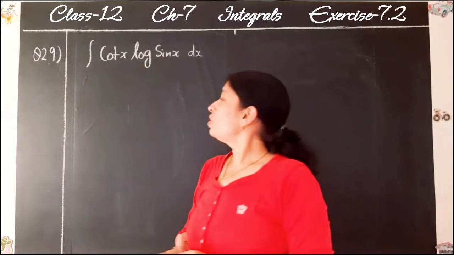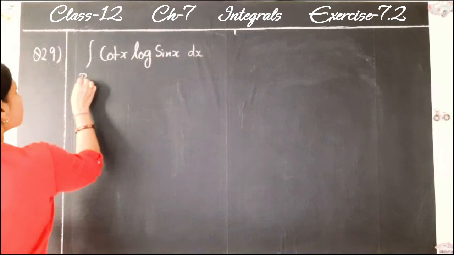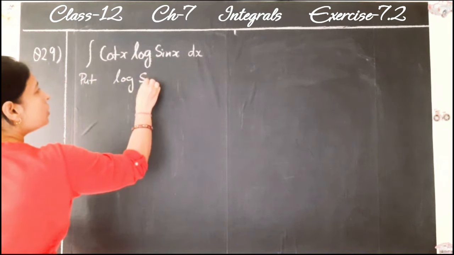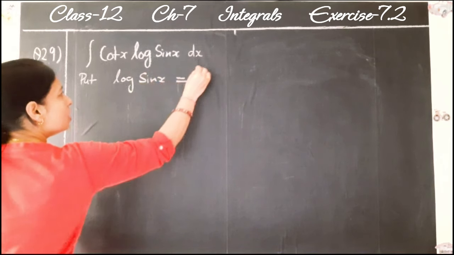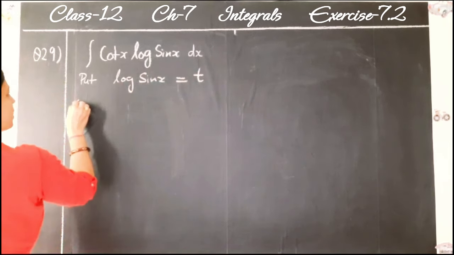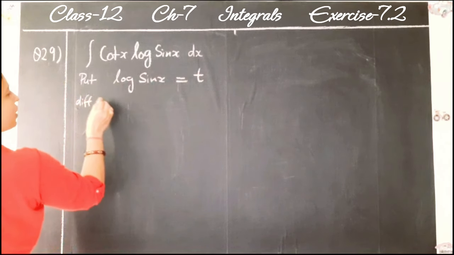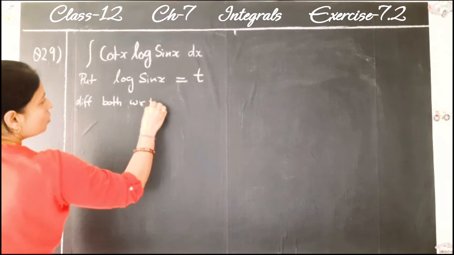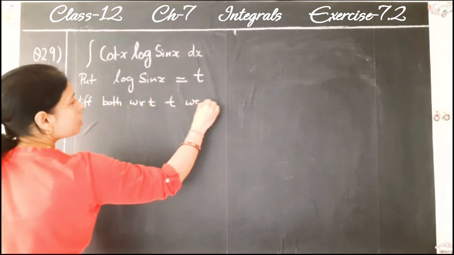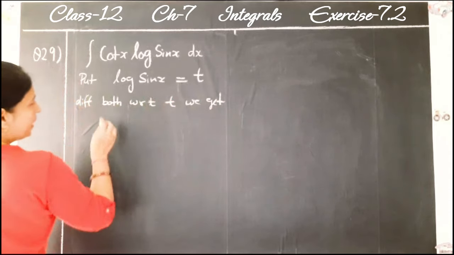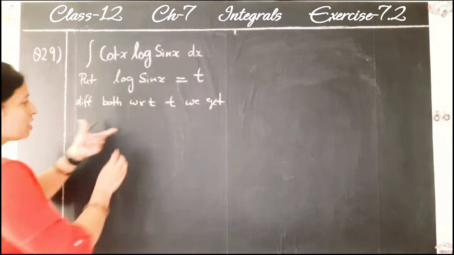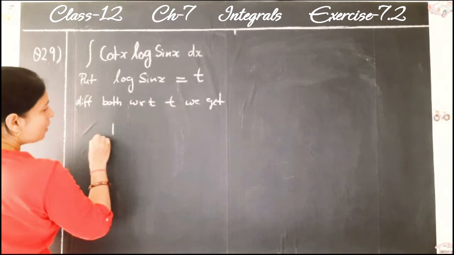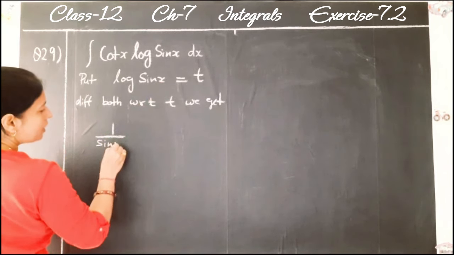So first we put here log sin x is equal to t. Now differentiate both sides with respect to t. We get, when we differentiate log sin x, first suppose this one is x, so it will be 1 by x, so it will be 1 by sin x.